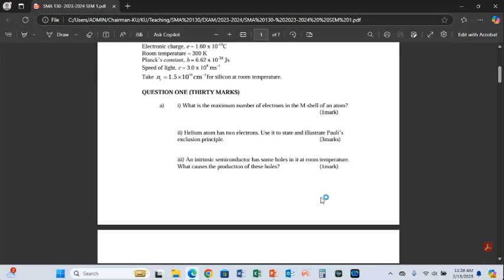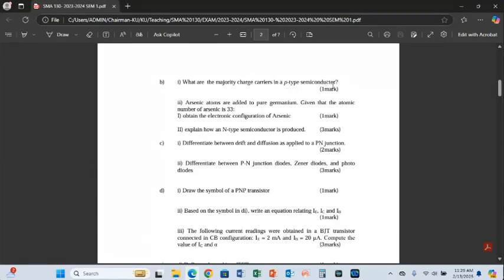What causes the production of these holes? I'm just showing you to be able to engage yourself. If you were in that exam, could you have answered that question? Now, a very simple one. What are the majority carriers in a P-type semiconductor?